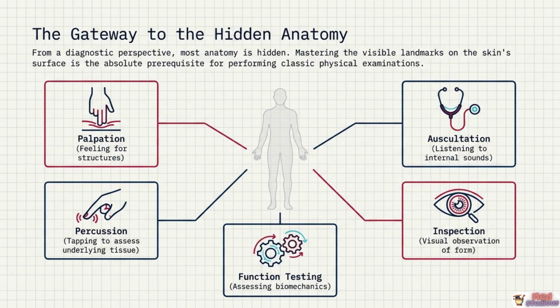Percussion is tapping the surface to assess the density of underlying tissue, resonant over air, dull over solid organs. Inspection is visual observation of form and contour, and function testing assesses biomechanics through movement. All 5 modalities depend on knowing exactly where you are on the body's surface map.